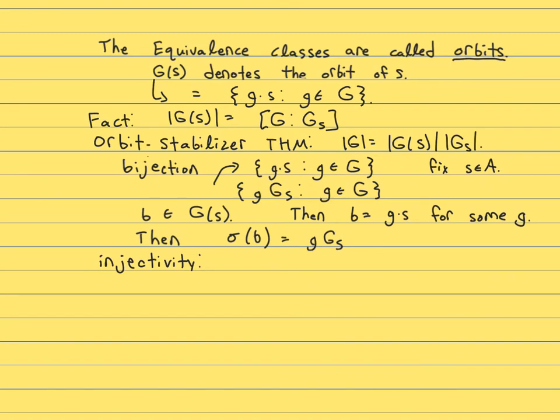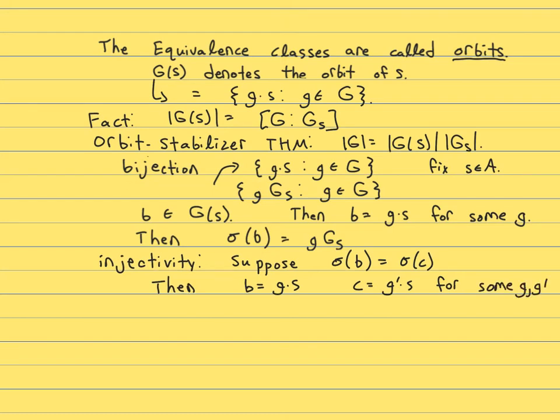Now, of course, we have to consider whether or not this function we just defined is injective. Well, suppose sigma of B is equal to sigma of C. And what does this tell us? Then what do we have? We have B is g dot S, C was g prime dot S, for some g and g prime.